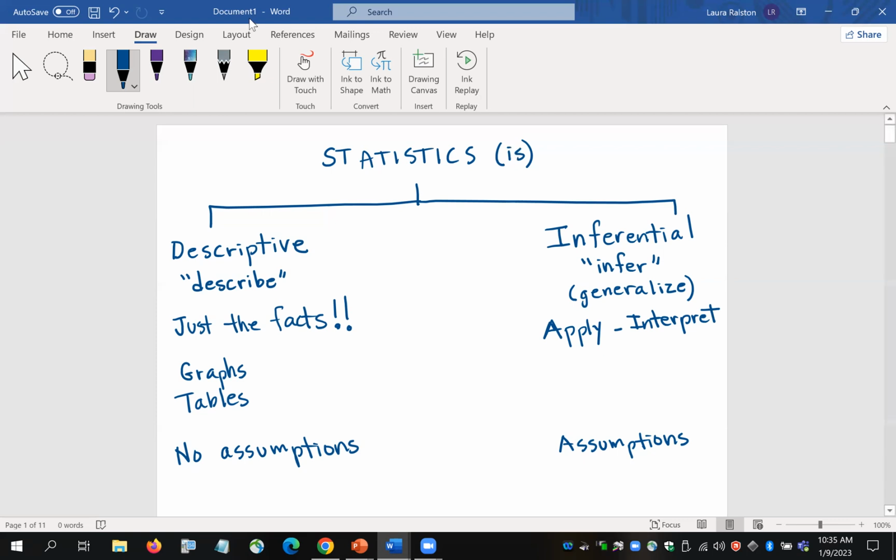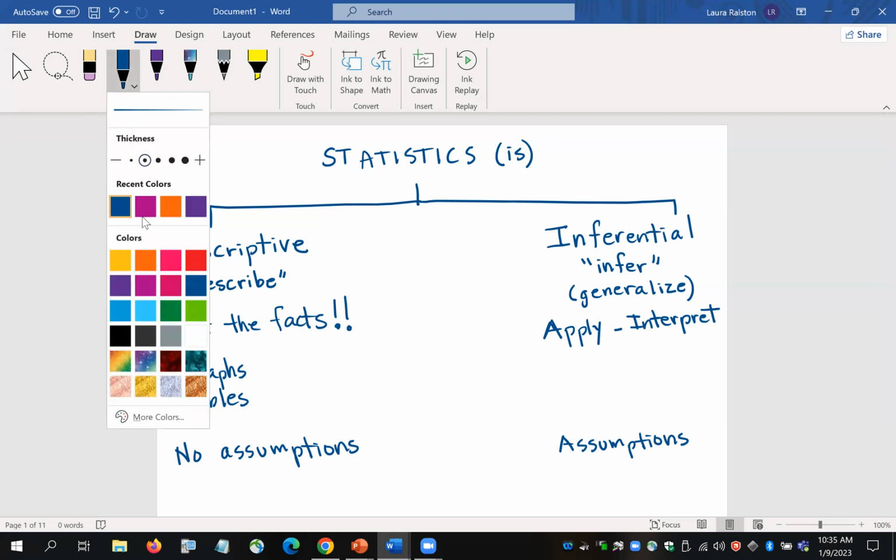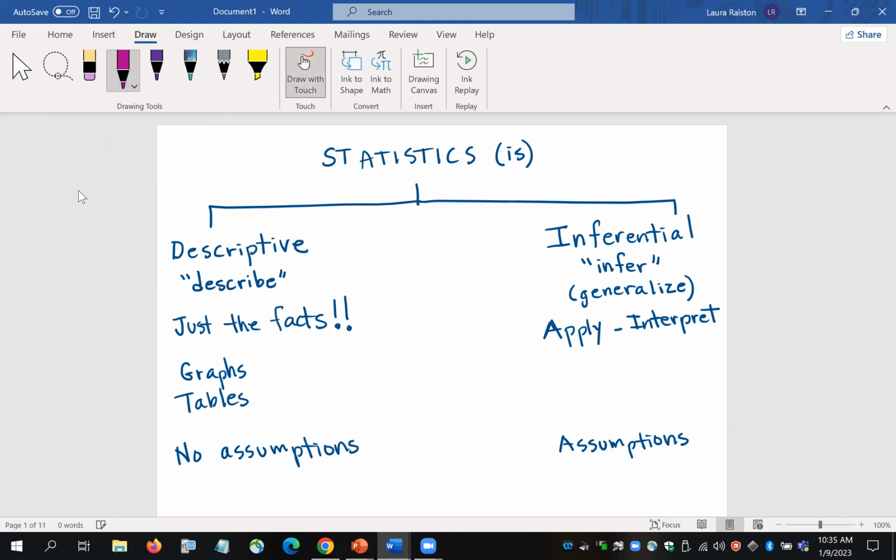And those decisions. So really, even though they're considered two different branches, you need the descriptive in order to do the inferential. I need the facts.